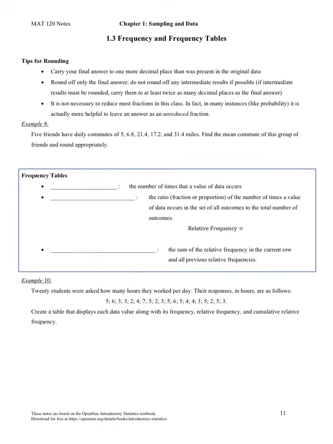Let's start out by looking at example 8. 5 friends have the following daily commutes, and we are asked to find the mean commute of this group. In order to find the mean, you have to add up each piece of data and then divide by the number of pieces of data. So we'll add these up.